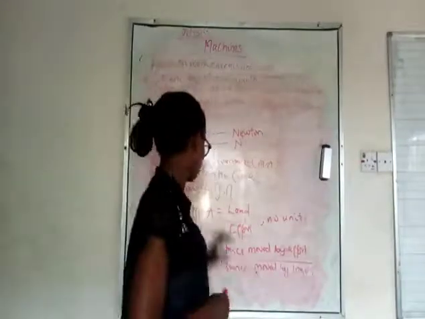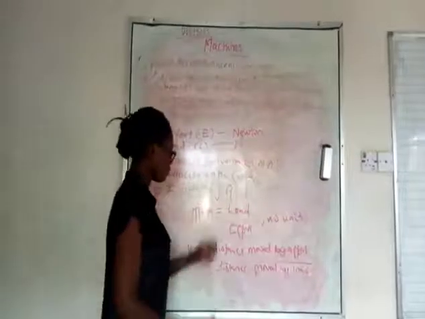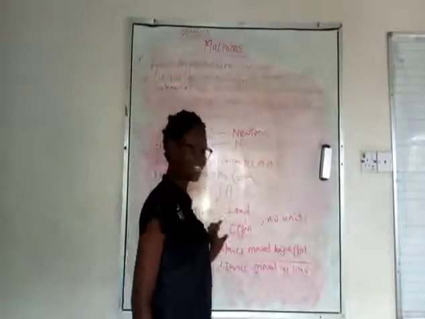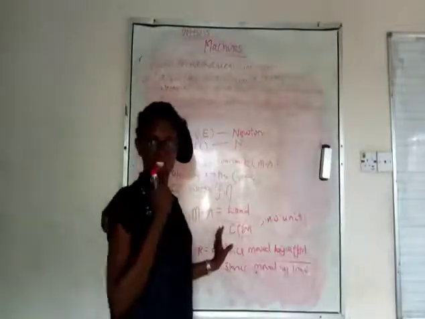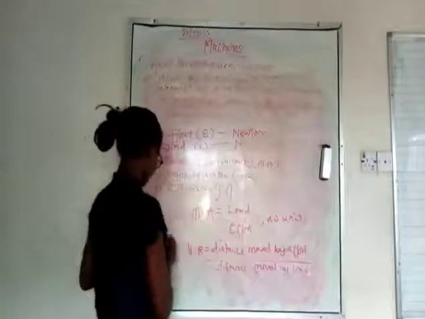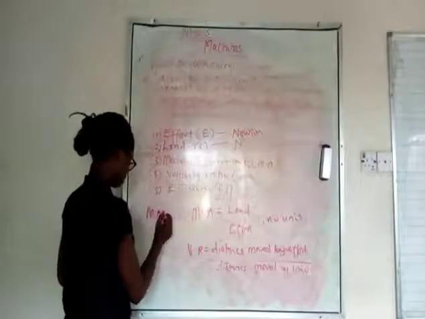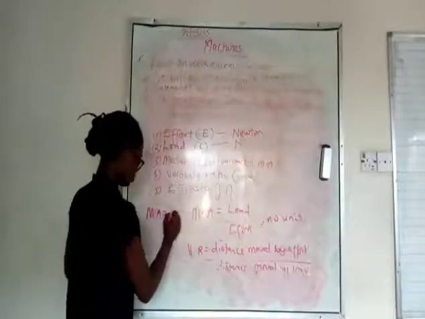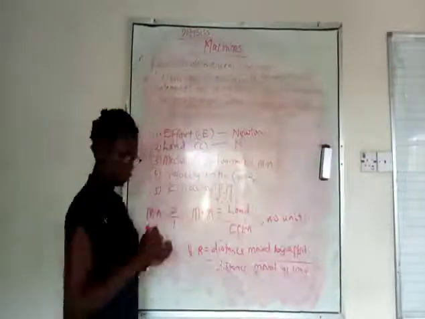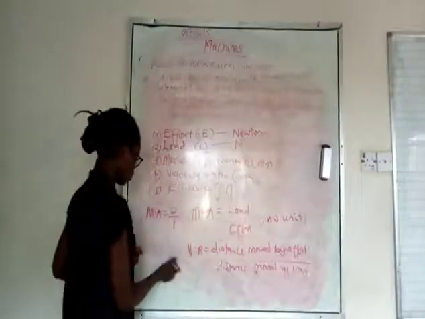So your mechanical advantage, if the effort that is applied is smaller than the load, let's assume your load is 2 Newton and your effort is 1 Newton. What happens? 2 over 1 is going to be 2.